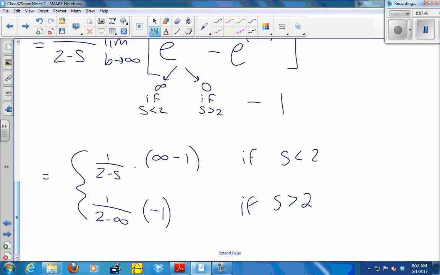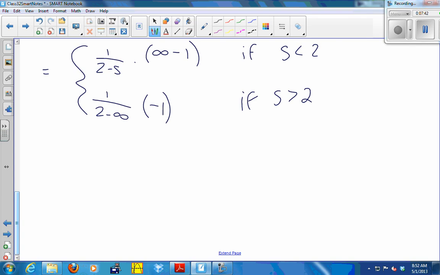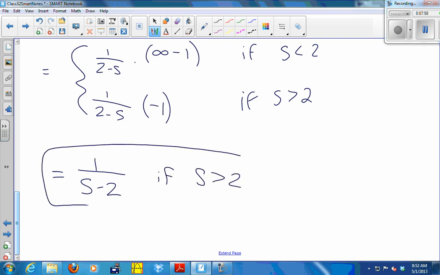So we just write down this one. I meant to write an s, not infinity there. So this is going to end up being 1 over s minus 2 if s is bigger than 2. So we only end up writing down the final function that converges. We only write it down for values of s that make it converge.